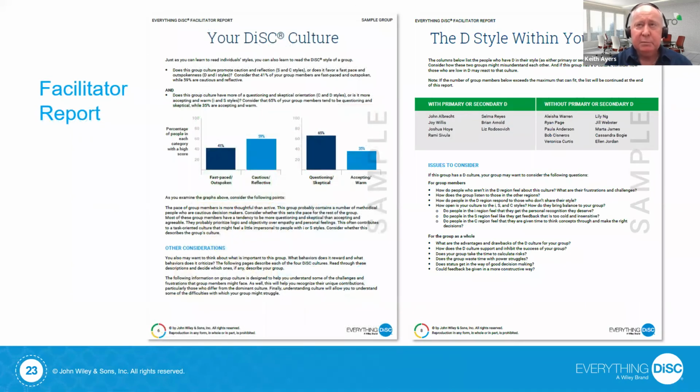Also, this profile has the culture stuff as well, okay? So the difference is, you can see here, we've got people's names. The group culture report has no names at all, right? So the group culture report is best used with larger groups, okay?